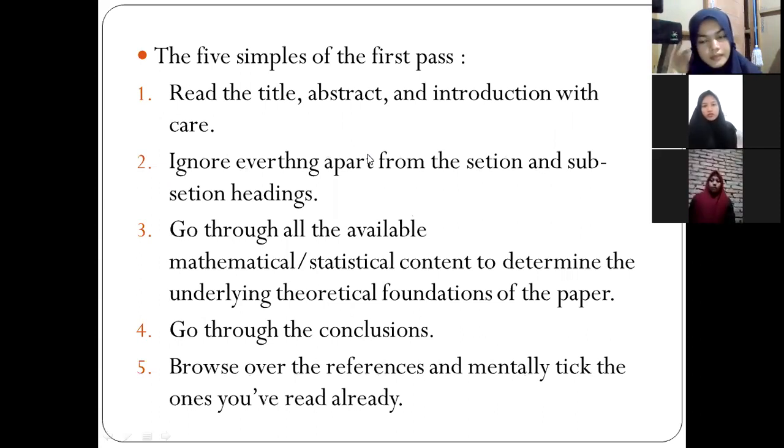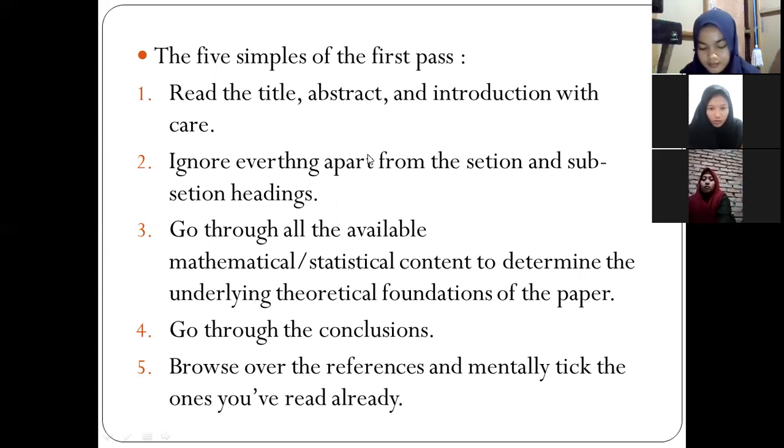Okay, I will continue with the next slide. There are 5 simple steps of the first pass that the reader has to do. The first one is read the title, abstract, and introduction with care. The second one is ignore everything apart from the section and subsection headings.